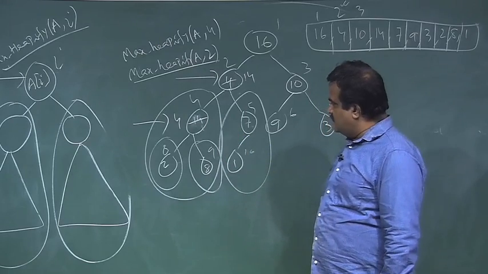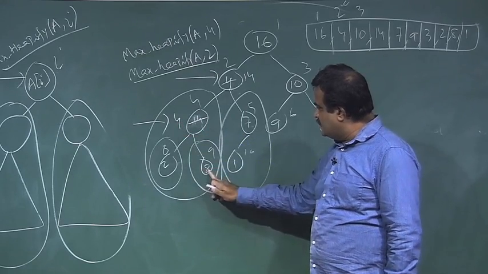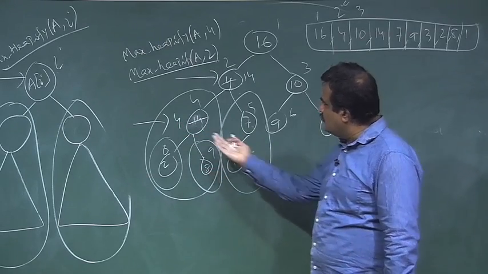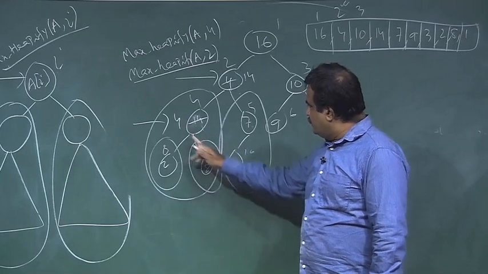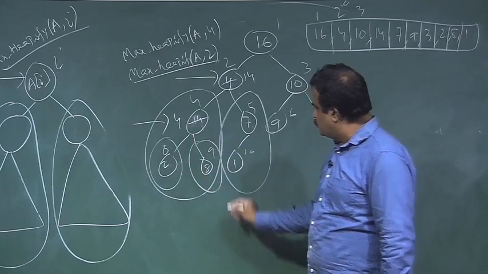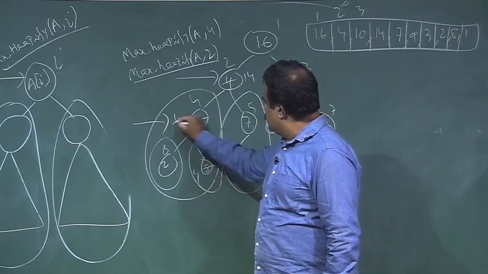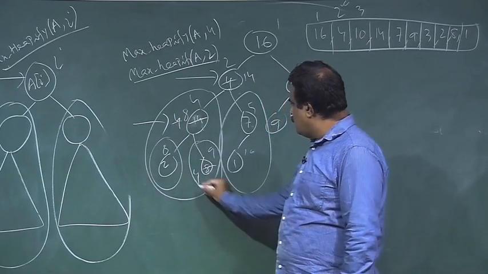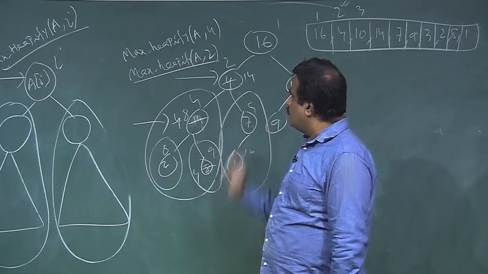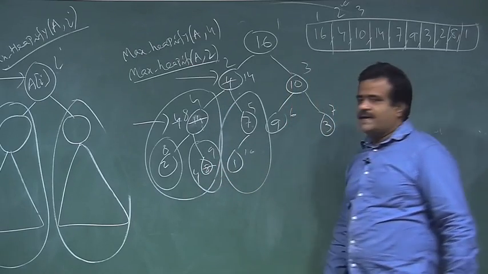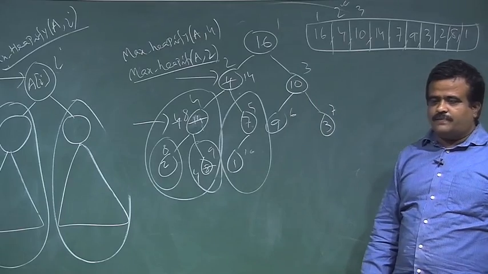Yes, there is a violation because this is less than 8. So again we replace this by the maximum of these two. 4 will come here and this will be 8. Now this is a leaf node, so we stop. This is the max-heapify subroutine.